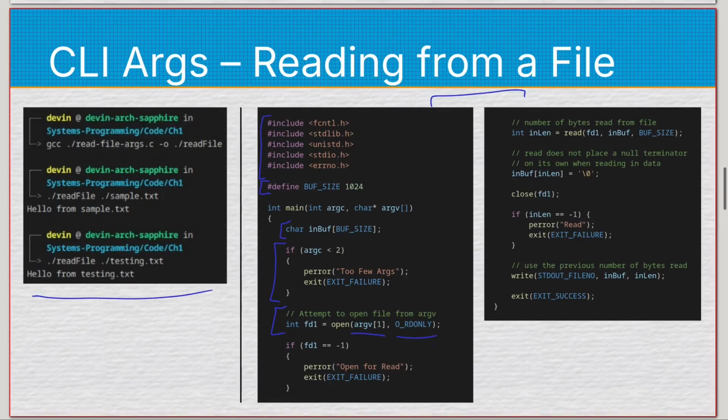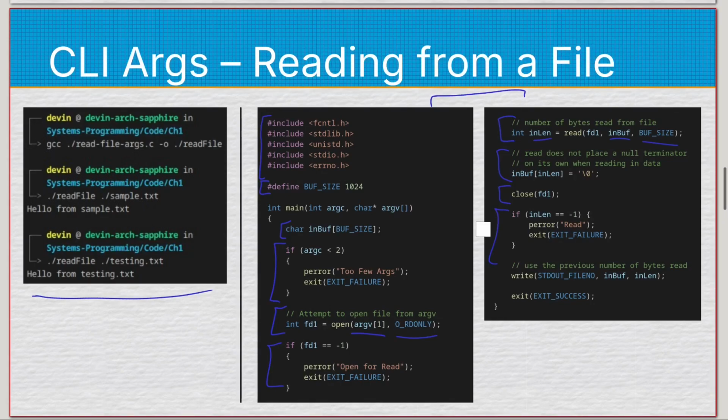I'm opening it read only, and that is my file descriptor fd1. And if that equals -1, I throw perror for open for read. It errors out because it wasn't able to actually open it, and we halt the program. Not a big deal. From there, we're just going to do our typical read from file descriptor fd1 into the buffer of buff size, get the actual length and number of bytes that were read, place a null terminator at the end of that, close the file descriptor.